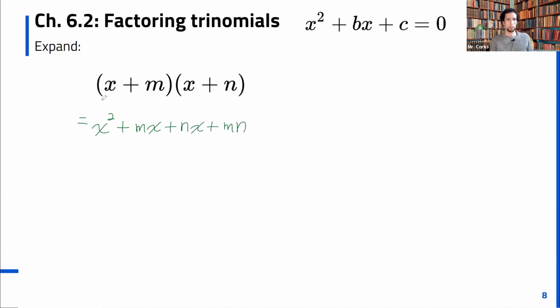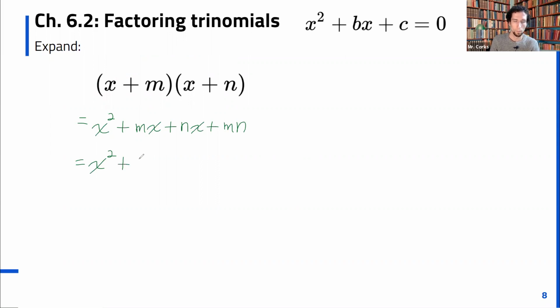So we take each thing on the left times each thing on the right: this times this, this times this, this times this, and this times this. So 4 different operations to do, and we get those 4 parts. And if we were to simplify this a little bit, what could we rewrite this as?